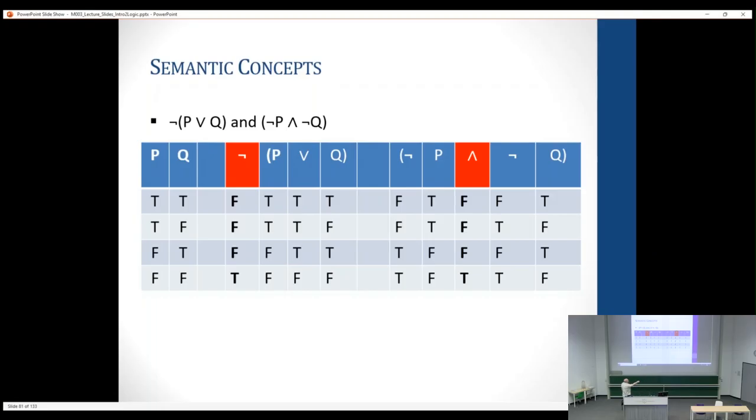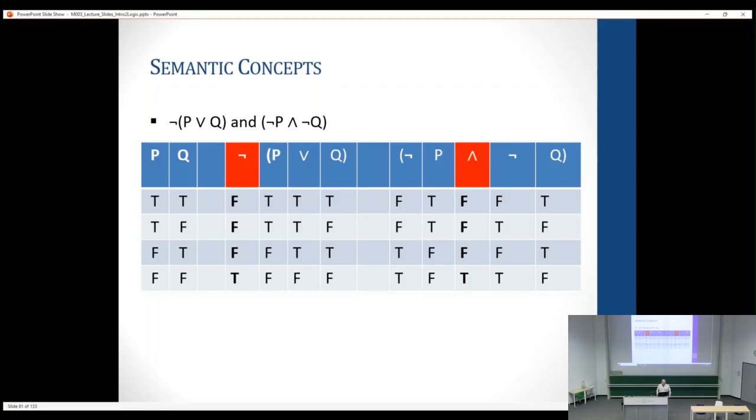Importantly, that doesn't mean that we need to have T's at every single spot. All that really matters is the T or F that we have under that main operator. The rest of them, the other columns, are bookkeeping to help us make sure that we fill in the right T or F for that main column.